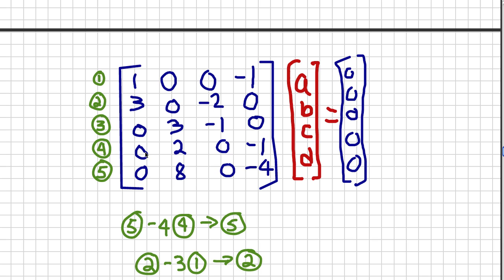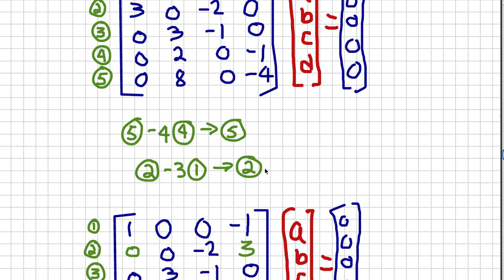I take 8, subtract 4 times 2, which is 8, so 8 minus 8 is 0. 4 times negative 1 is negative 4, and subtracting that from negative 4 gives 0. So I get all zeros in row 5.